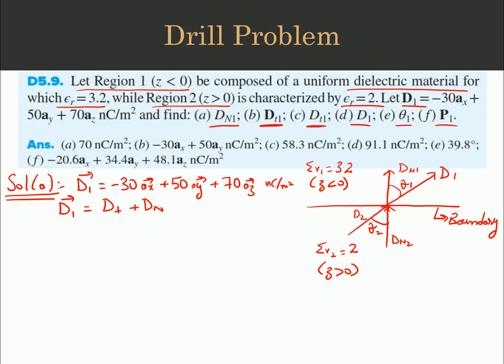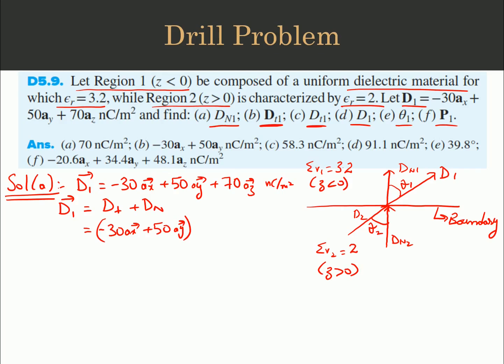So what is the tangential component? We can see from the question that Z is the direction normal to where the uniform dielectric materials are placed, which means our tangential component will be along X and Y. So the Dt will have a value of minus 30 A of X plus 50 A of Y. This is my tangential component.